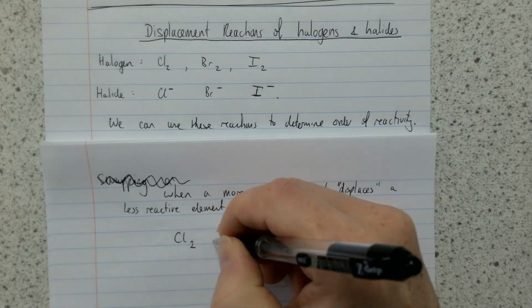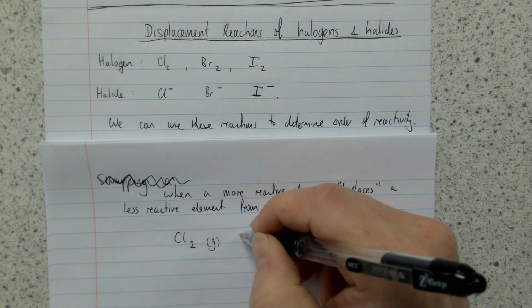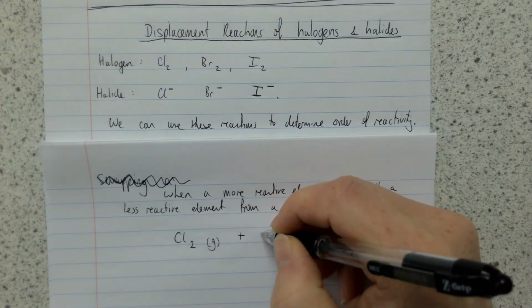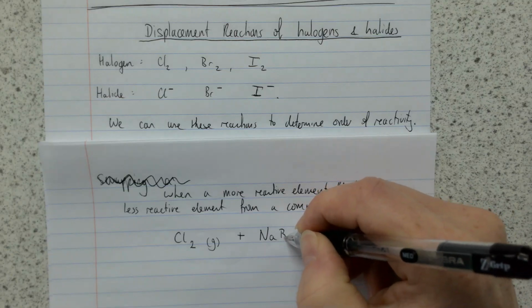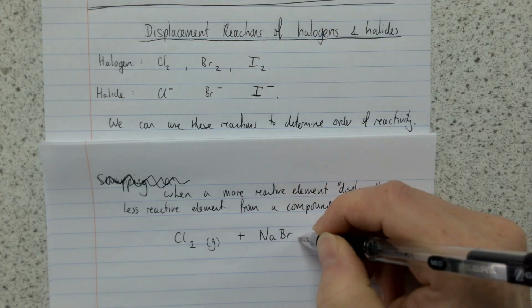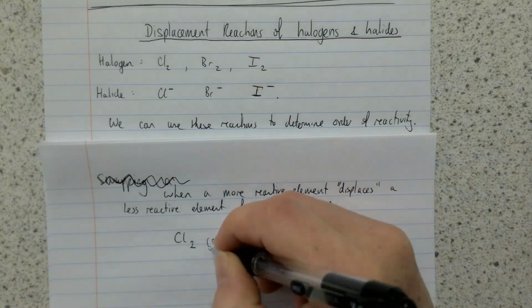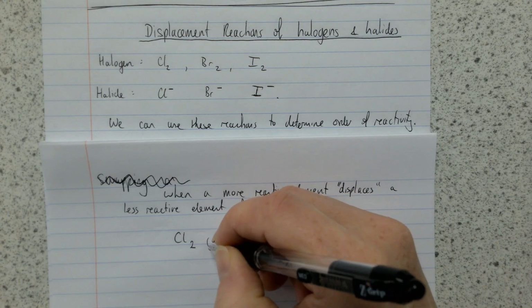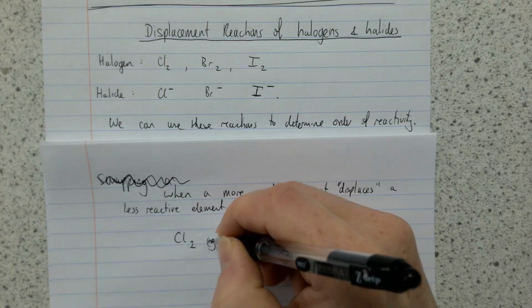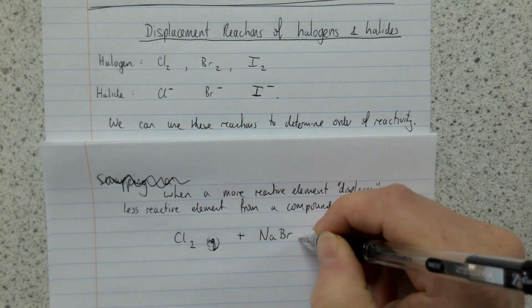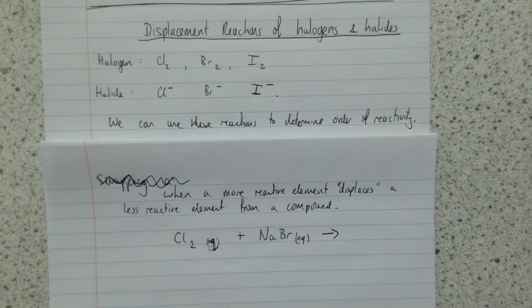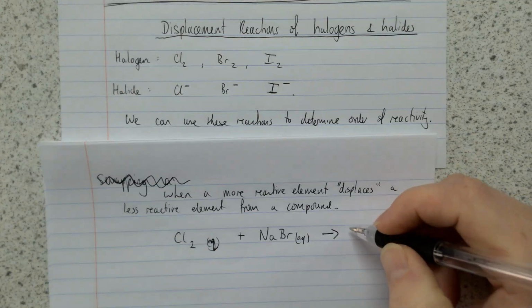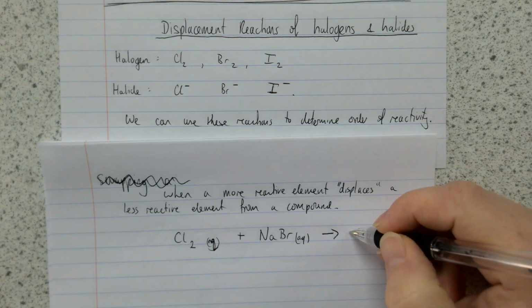So rather than give you an abstract example, I'm going to give you an actual example that we're talking about. So you've got to decide in this example, which is the halogen, which is the halide, which is the more reactive halogen and which is the less reactive halogen.